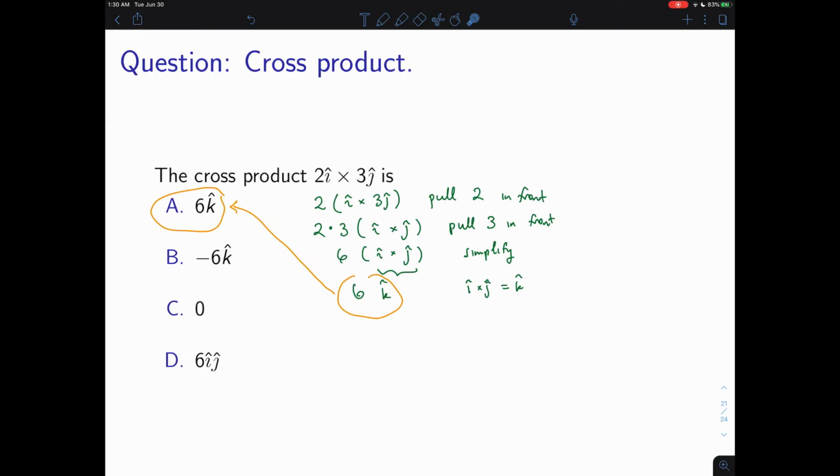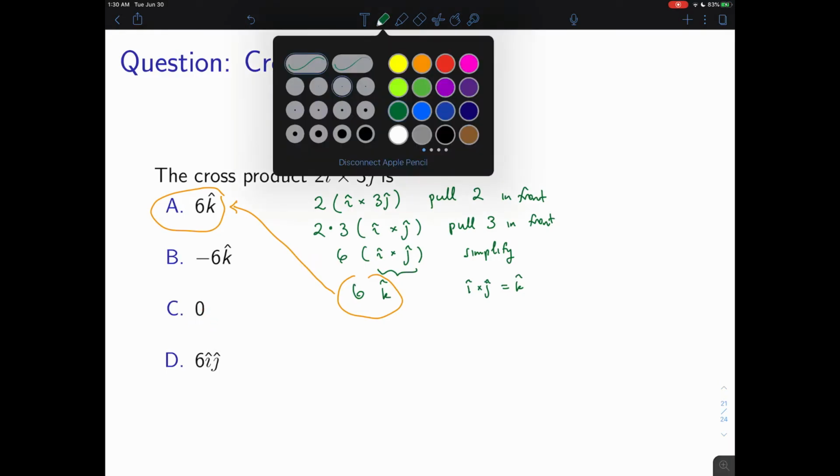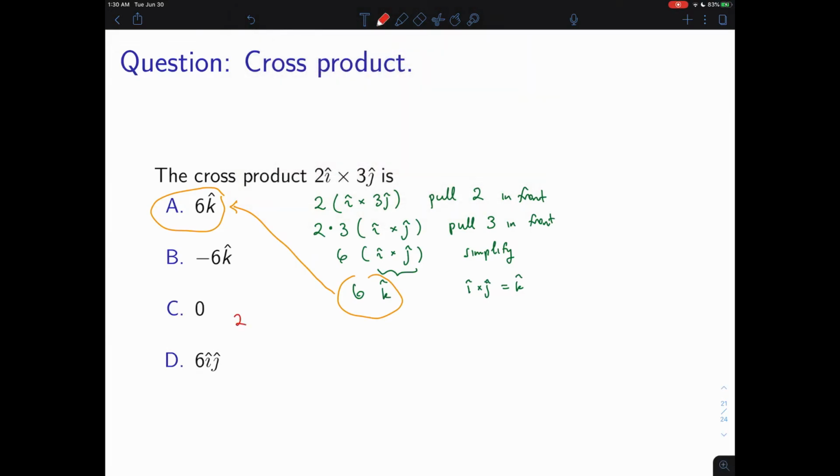This student just made a mix-up and they put a minus sign by accident. This student, well, I don't know what they were thinking. It's not 0. They might have been thinking dot product.